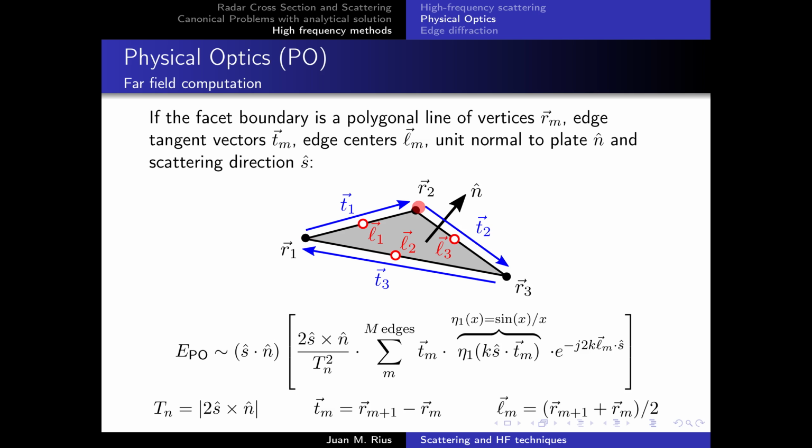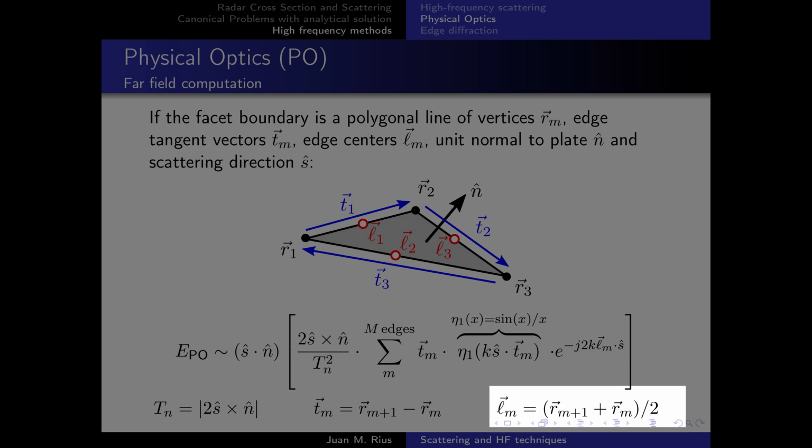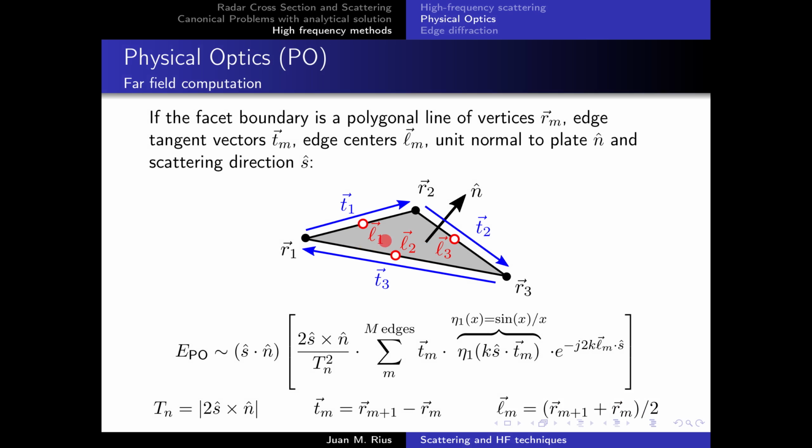R1, R2, R3 are the vertices of the facet. T are the edges, the vectors along the edges. So T1 is R2 minus R1, T2 is R3 minus R2, etc. L are the center points of the edges.